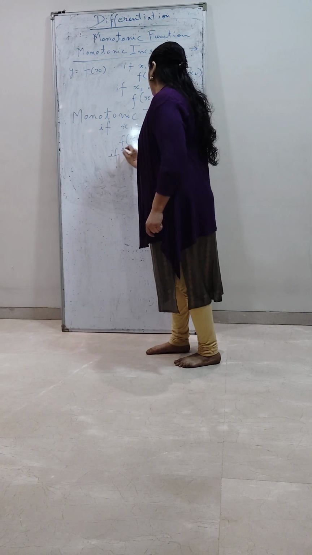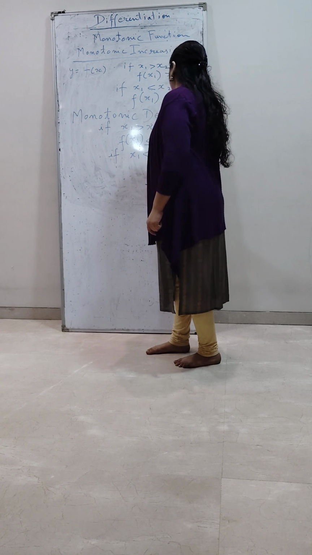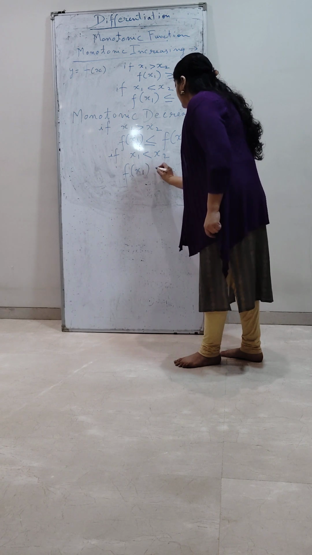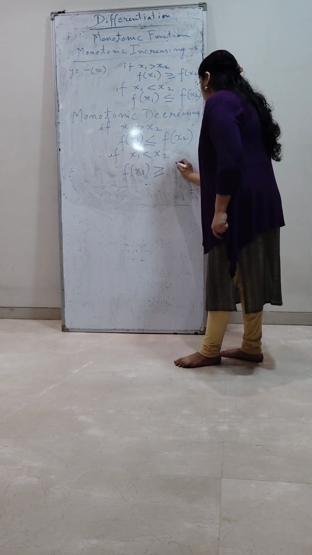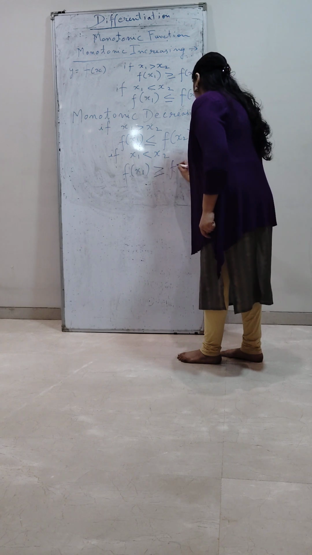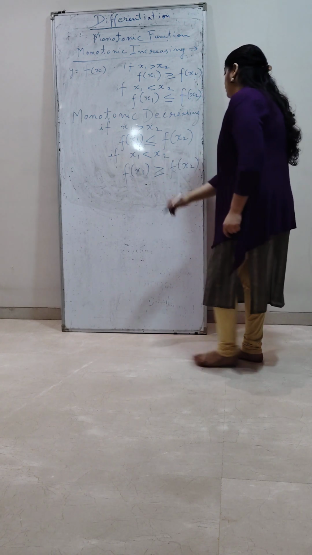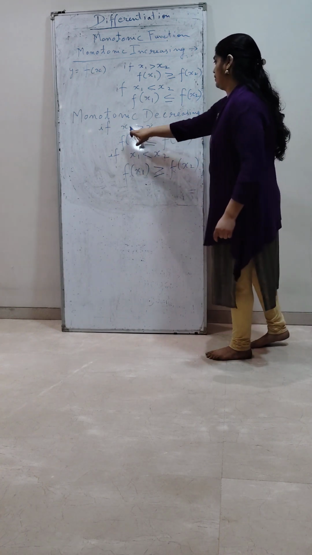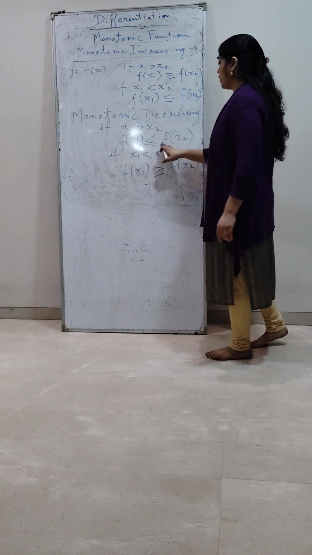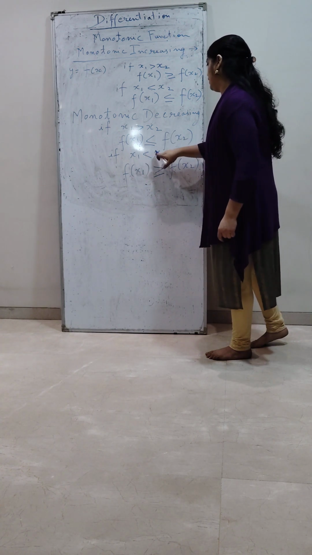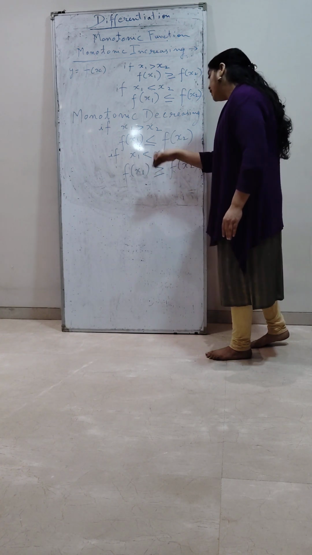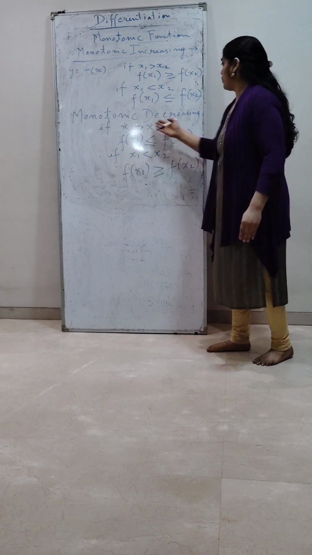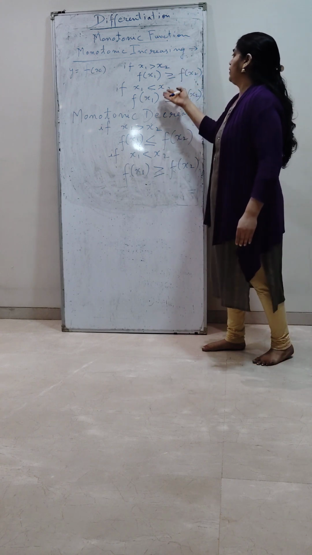Similarly, if x1 is less than x2, then f(x1) is greater than or equal to f(x2), just reverse. If x1 is greater than x2, then f(x1) is less than or equal to f(x2). If x1 is less than x2, then f(x1) is greater than or equal to f(x2). Just opposite. So this is the monotonic decreasing function and this is the monotonic increasing function.